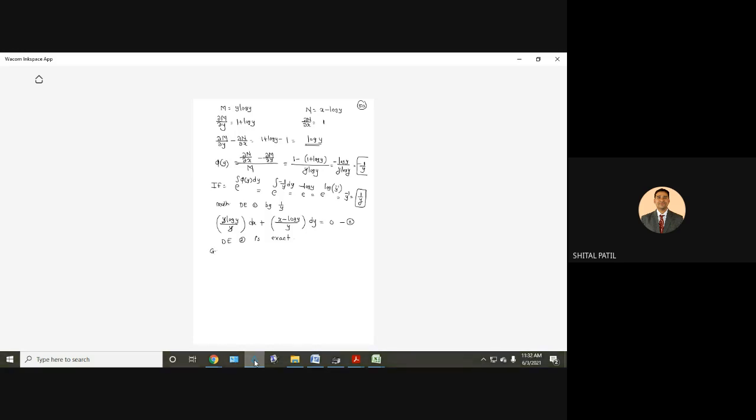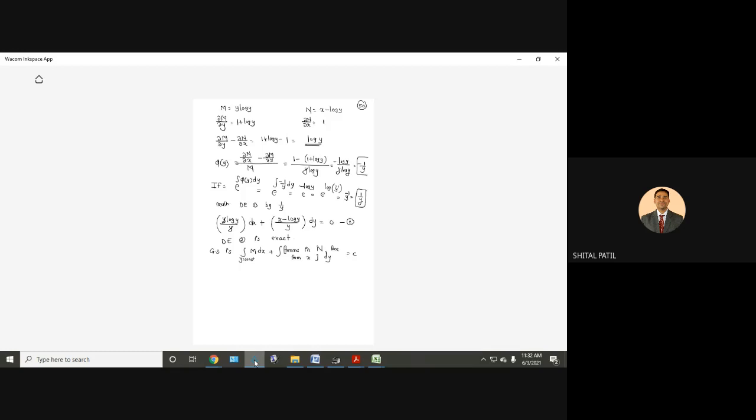So general solution is integration of M dx, y constant, plus terms in N free from x dy, equal to constant.